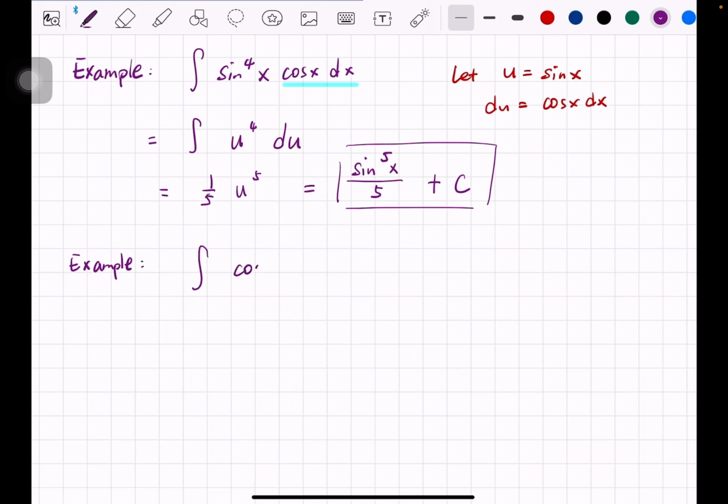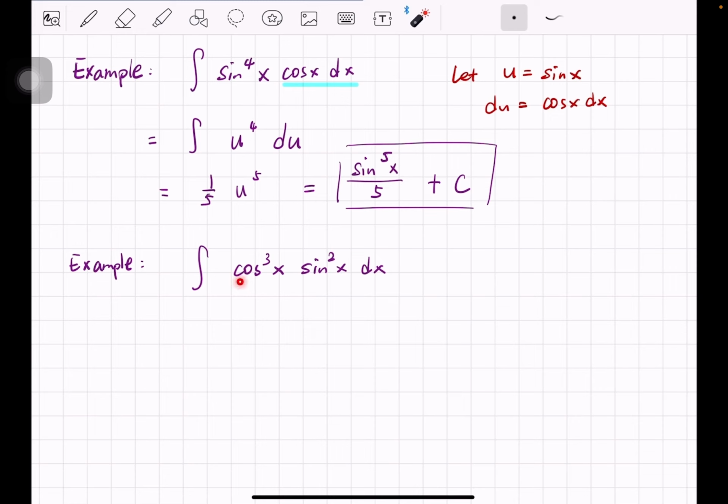Here is another example. We want to find the integral of cosine cubed x times sine squared x dx. You can see this one is different from the previous one. In the previous one, we had cosine of x dx, which told us to use u substitution.